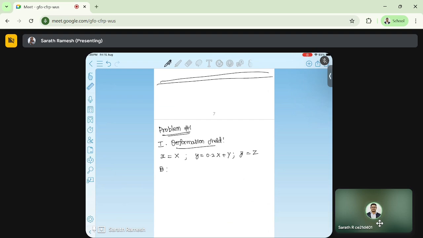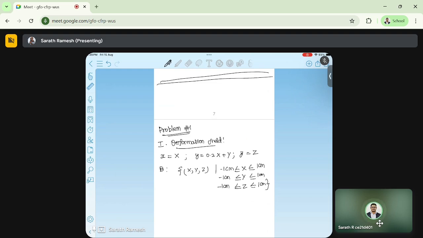It's a cube such that x, y, and z vary from -1 centimeter to plus 1 centimeter, for all x, y as well as z. This is the question.